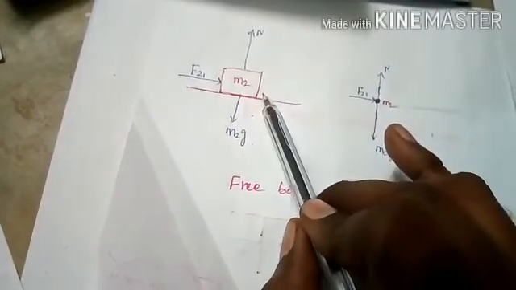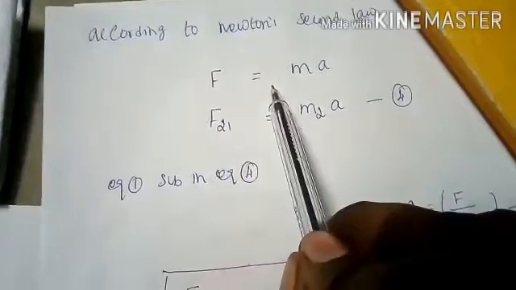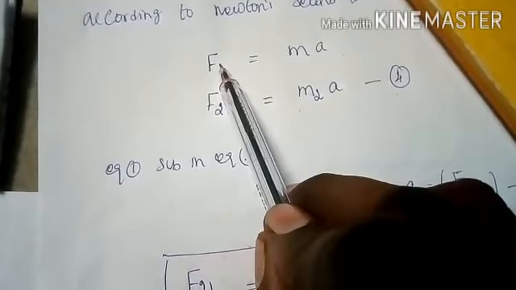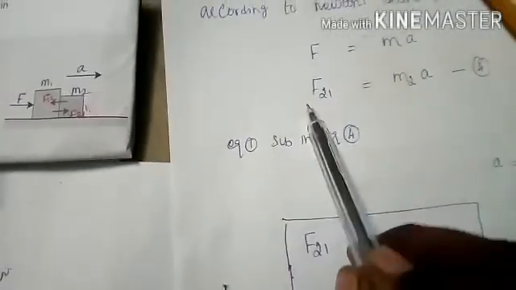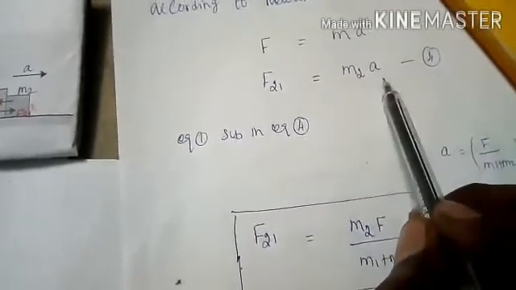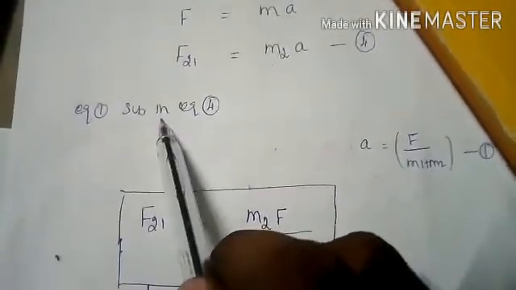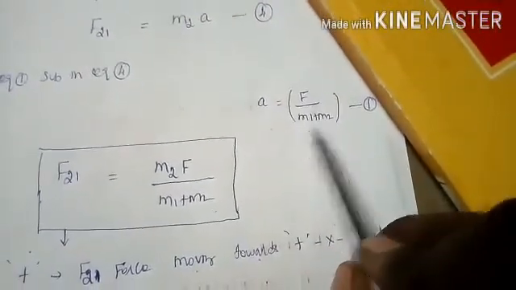Now the total force is calculated according to Newton's second law, F equal to m into a. The total force is only one force, that is F21. So F21 equal to mass m2 into acceleration. This is equation number 4. Next, substitute equation 1 in equation 4. Equation 1 is a equal to F divided by m1 plus m2.